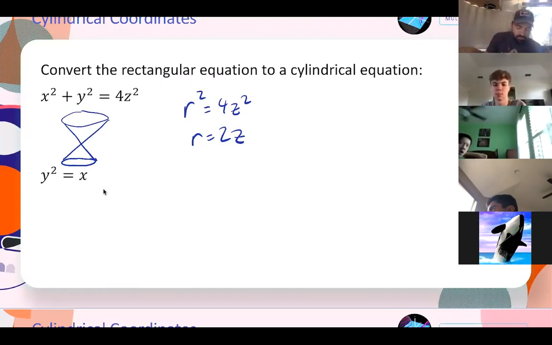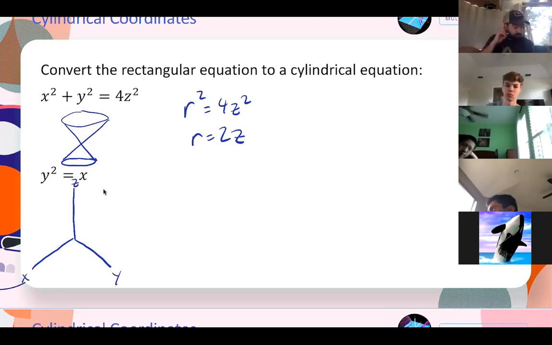So yesterday, remember this is called a cylindrical surface. So say this was x, y, and z. This is a cylindrical surface. Cylindrical surfaces can be identified when you've got 2 variables, like we have here.